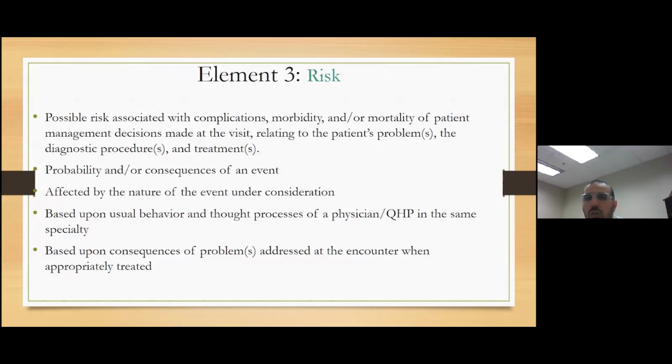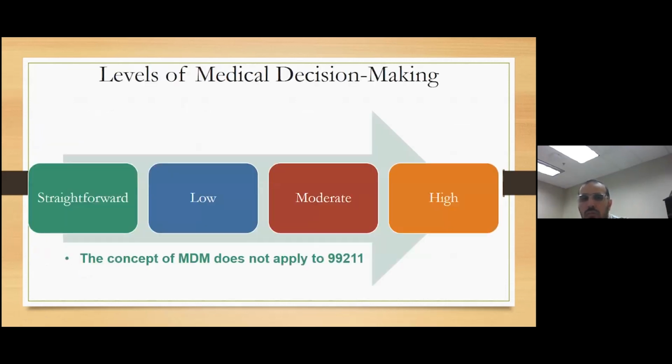So the probabilities and the consequences that you expect to happen from the complications, the morbidities, mortalities, anything that happens to your patients when you're doing the decision-making tree, that's what helps you establish the correct level of service.